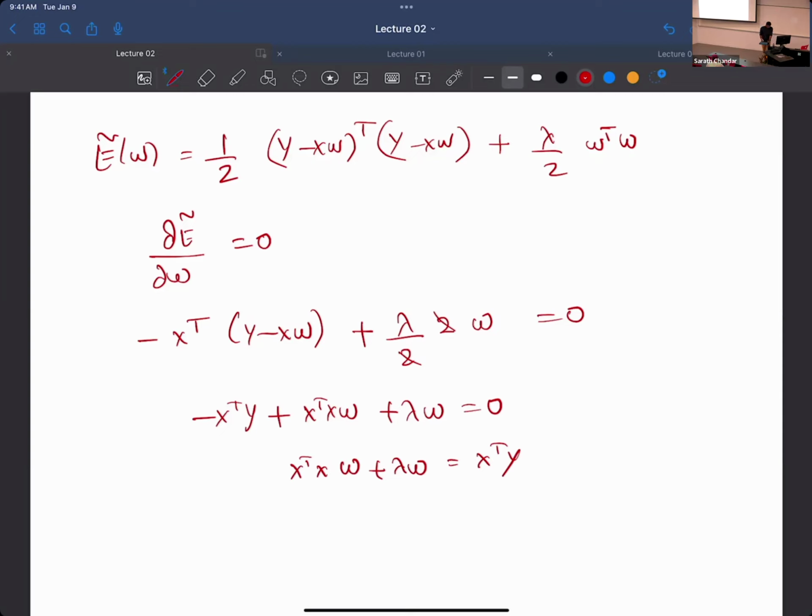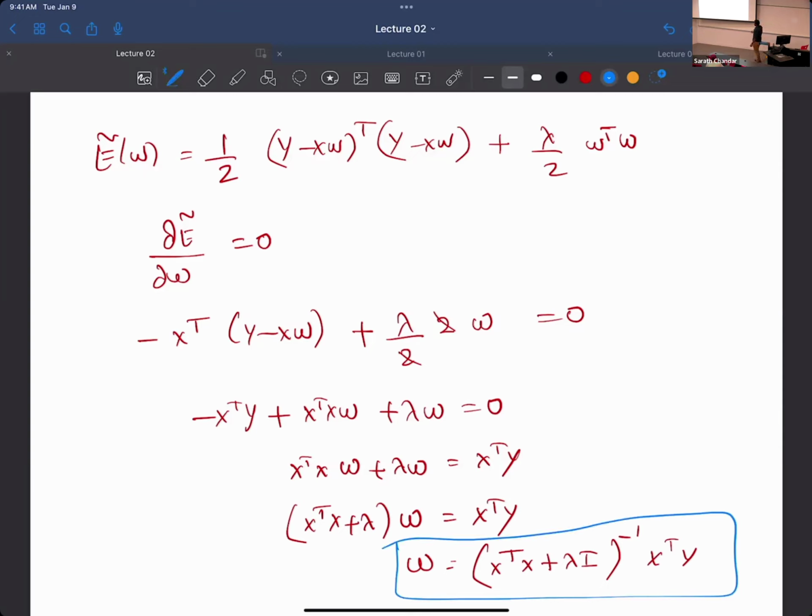So now (X transpose X plus lambda) times w is equal to X transpose y. So w is given by (X transpose X plus lambda I) inverse X transpose y, where I is the identity matrix. Okay, so this is the solution.